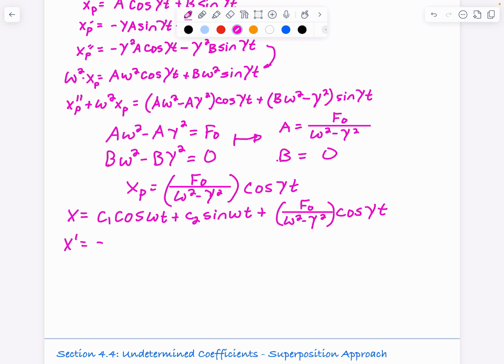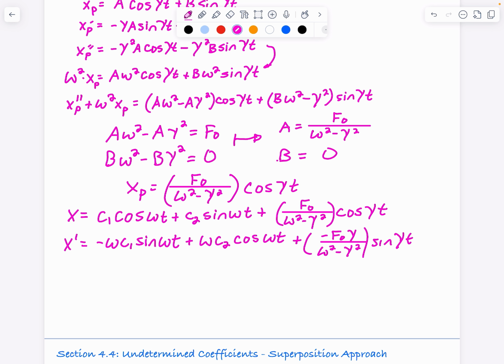I'm going to get negative omega c1 sine omega t plus omega c2 cosine of omega t. Those omegas come from the chain rule. And then for this last thing, we're going to get negative f naught gamma over omega squared minus gamma squared sine gamma t.